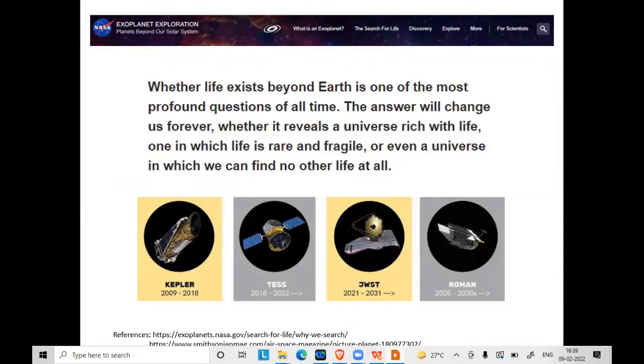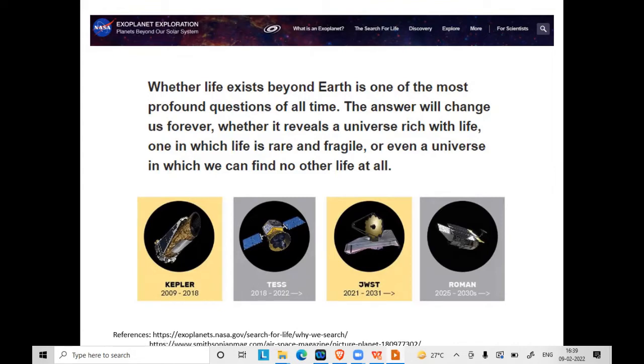And for that deep research, to look for life in the universe, there have been missions like Kepler, TESS, and recently you must have heard about the launch of the James Webb Space Telescope, which has the largest mirror.